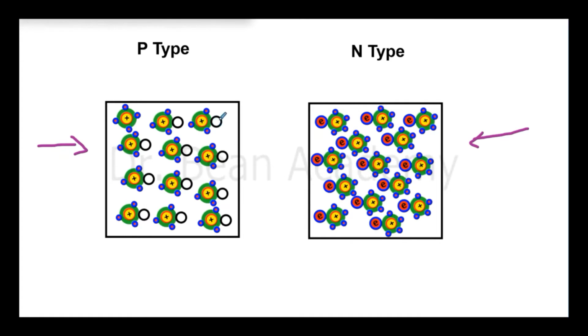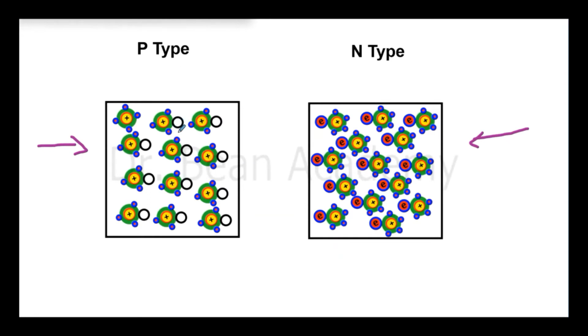So these black circles are showing that this material has so many holes. Similarly, on the right side, you can see these E circles, and with the E, they are showing that there are so many extra electrons which are not bonded and they are free, because if an electron is not bonded, it's almost free.